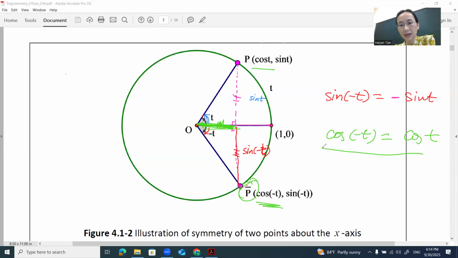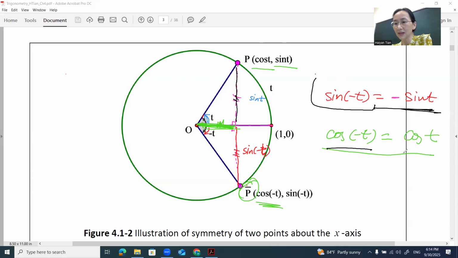So they're the same. But the sine T and sine negative T, sine T will be this portion. Sine negative T will be the right portion. So they are opposite quantities. And this sine negative T is the opposite of sine T. So they are not equal.